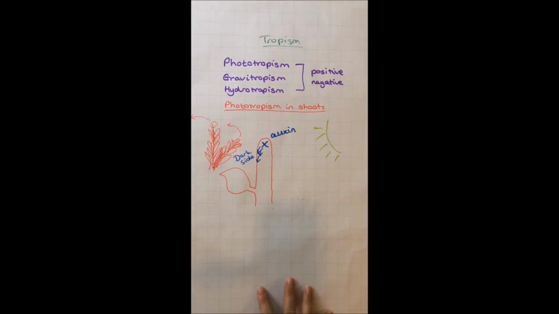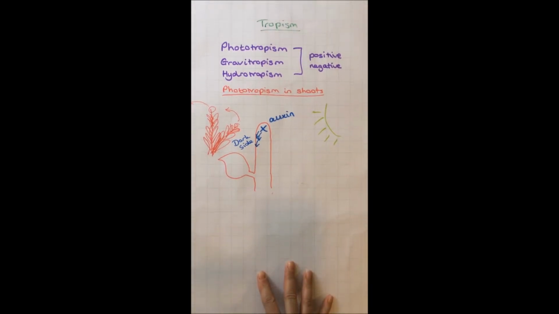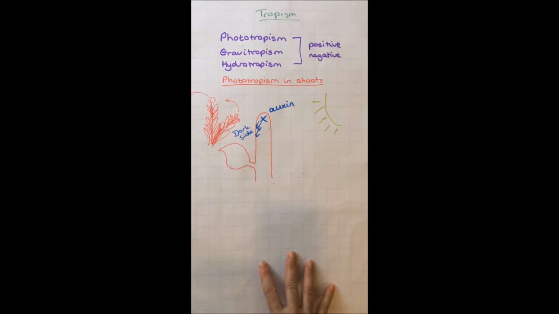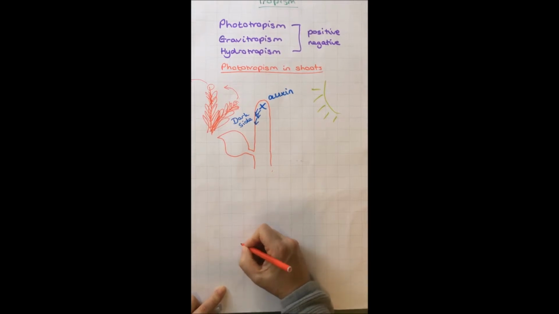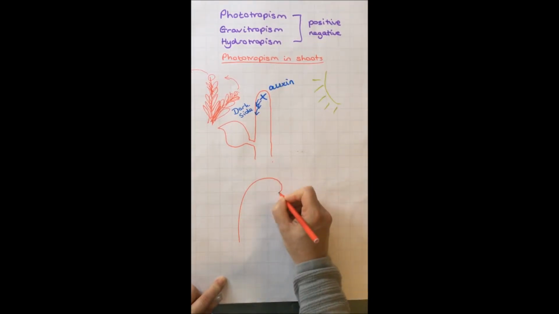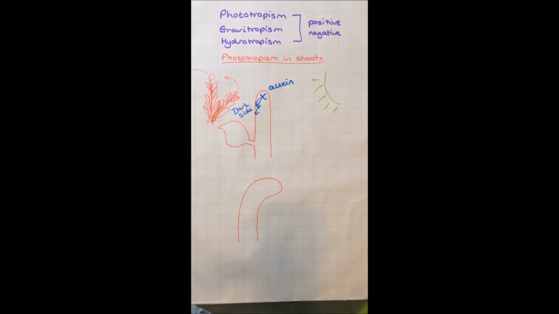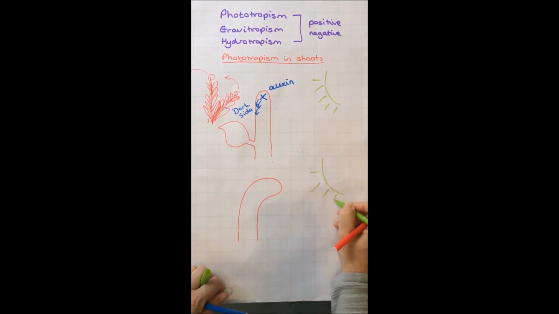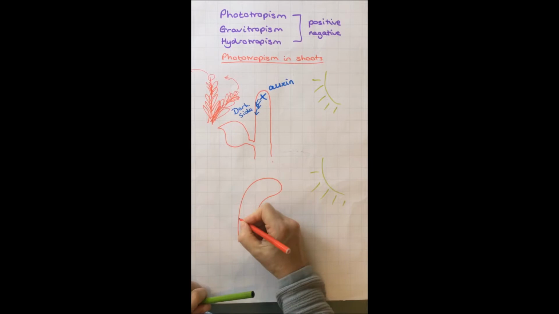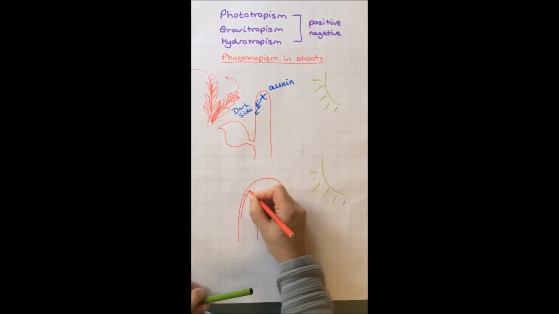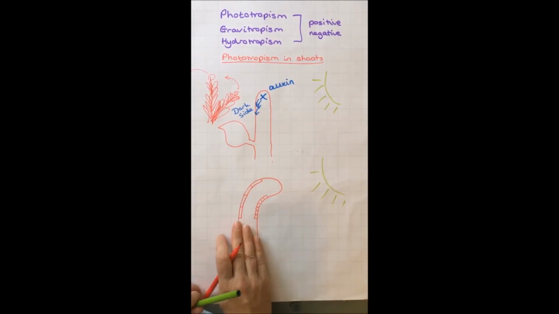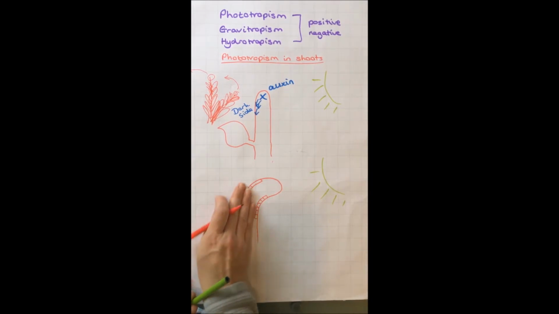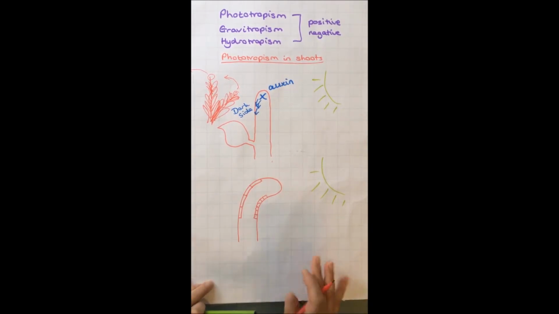What it does to the cells on that side is cause those cells to elongate. They lengthen. So if we look in a little more detail at the cells, here's our shoot. It starts to bend over towards the light. The cells on this side have lengthened. The cells on this side haven't received any auxin, and they're still quite short. Because these have lengthened, it's pushed our shoot over towards the light.